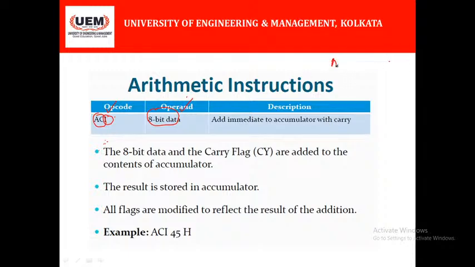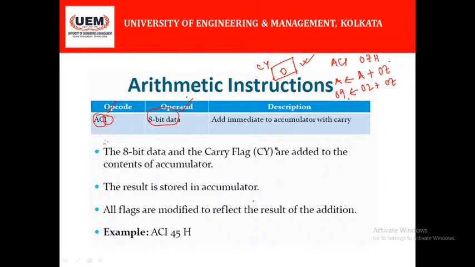For example, say ACI 07H, and the value of the accumulator is 02, so the value of the accumulator and 07 are added. 02 plus 07 gives us 09, which will be stored in the accumulator register. If there is a carry, then it will be reflected by the carry flag. The value of the carry flag here in this case is 0 because no carry has been generated yet.